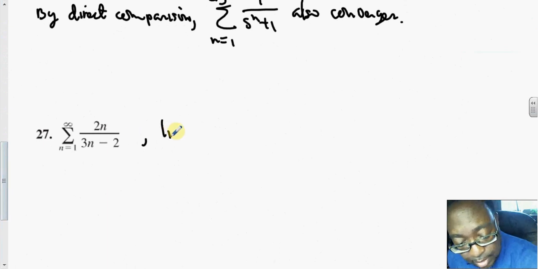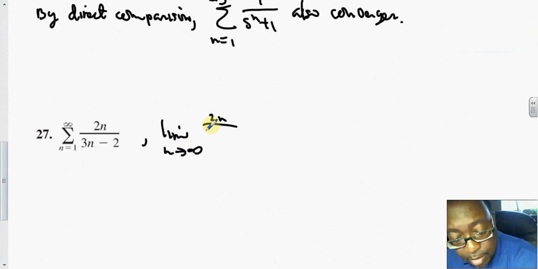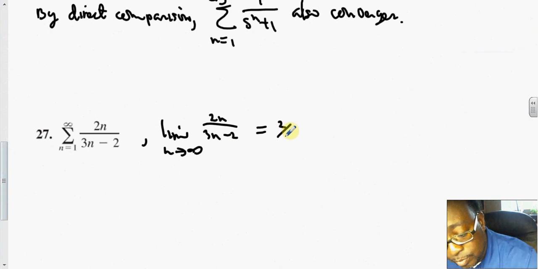Notice here that the limit as n goes to infinity of 2n over 3n minus 2 is equal to 2 over 3, which is not equal to 0.